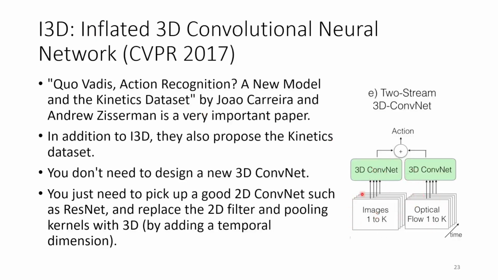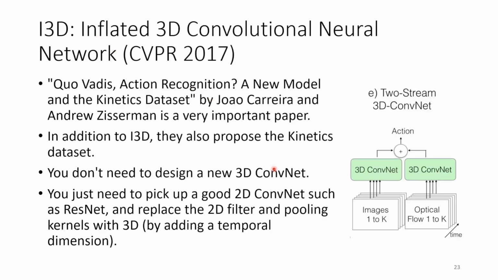There is also visual data and optical flow data. The optical flow is the same, but for the visual data, they not only use a single frame, they use multiple consecutive frames together. I3D is also a very important paper in the computer vision community.